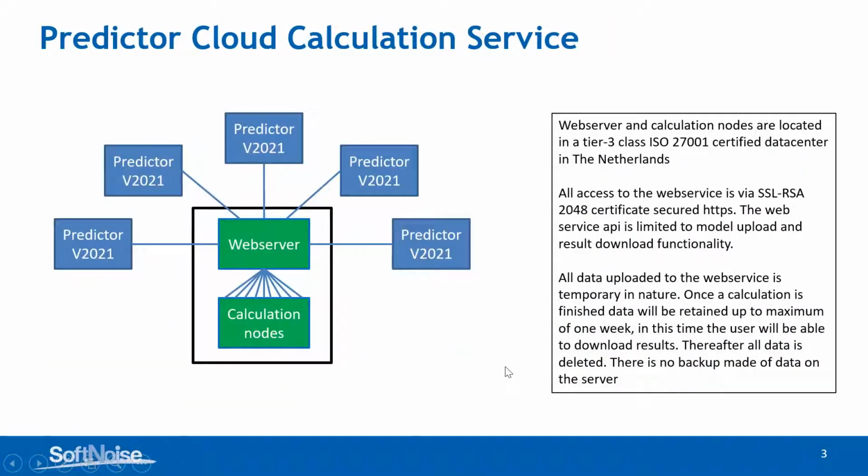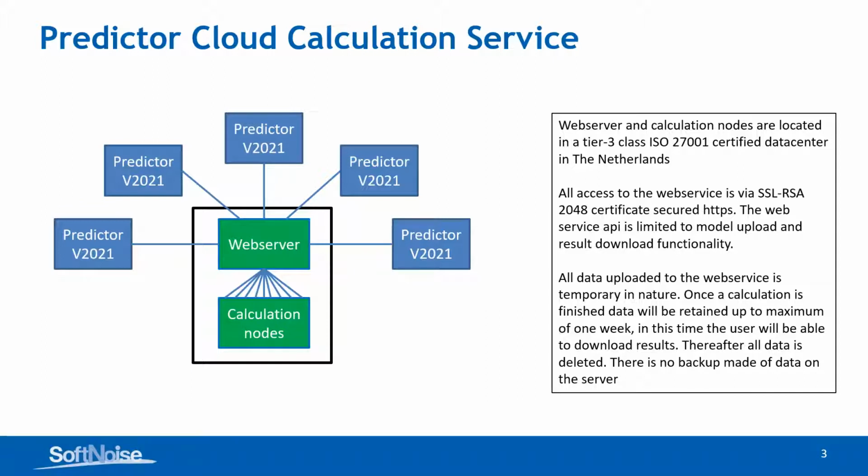Okay, Predictor Cloud Calculation Service. It's a new feature. We've been providing this service already in the Netherlands for the last couple of years, and we now decided to offer this feature also outside the Netherlands for the Predictor users. And it's based on a certified data center in the Netherlands.